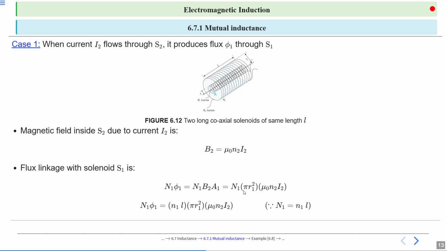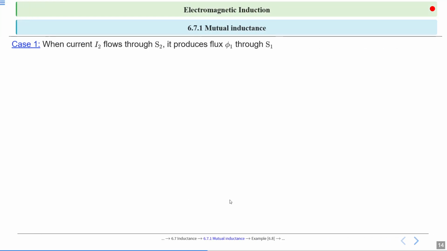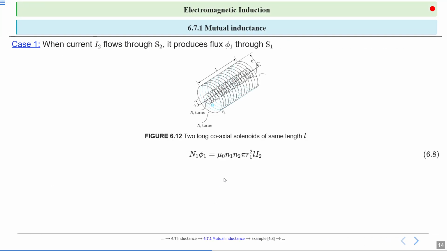So capital N1 will be small n1 L pi R1 square mu naught N2 I2. Now club all the things. So N1 phi 1 will be equal to mu naught N1 N2 pi R1 square L I2. Mark it as 6.8 equation.